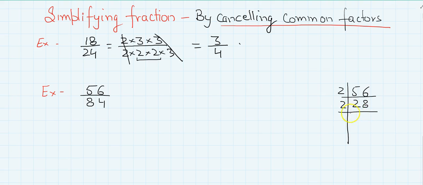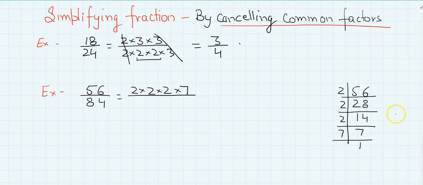Again divided by 2, so that is 14. Again divided by 2, so we have 7 and then 7. So these are the factors of 56. So we can write here 2 multiply 2 multiply 2 multiply 7.